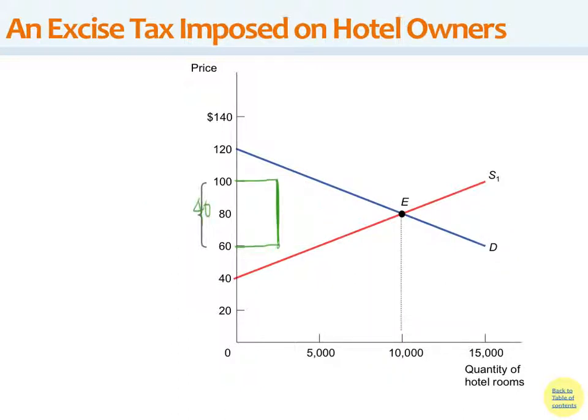For instance, if you know the tax is $10 high, I can measure it by the vertical distance over here on the y-axis. Basically, I can find where there's $10 difference between the buyers and the sellers, and that's about here where we've got $10 difference.